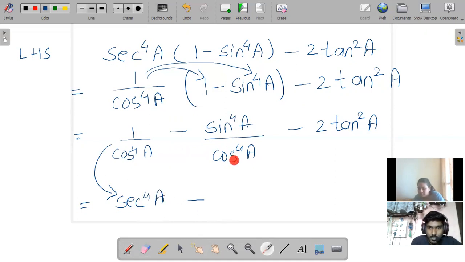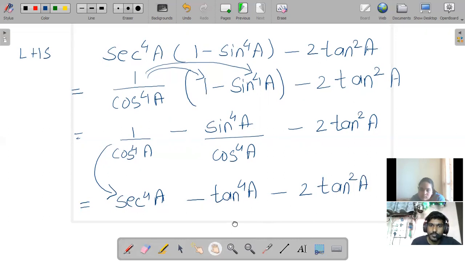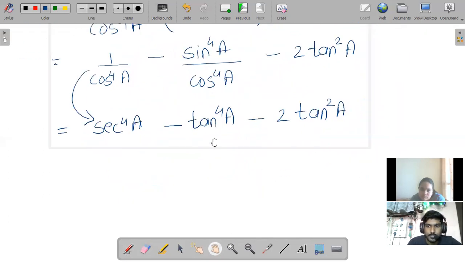And here sine upon cos will become tan. Since this is sine raised to 4a upon cos raised to 4a, this will become tan raised to 4a. And this minus 2 tan square a as it is. Is it fine up to here?